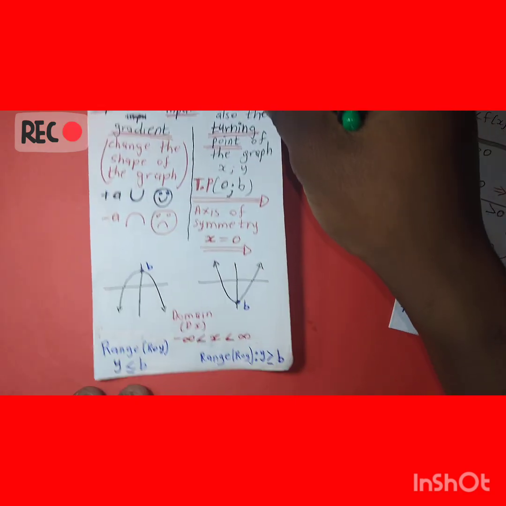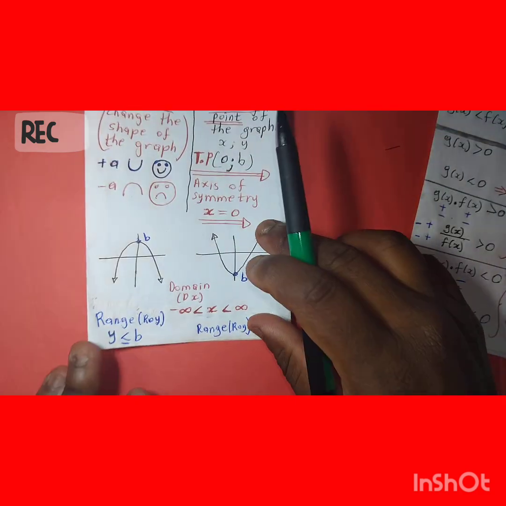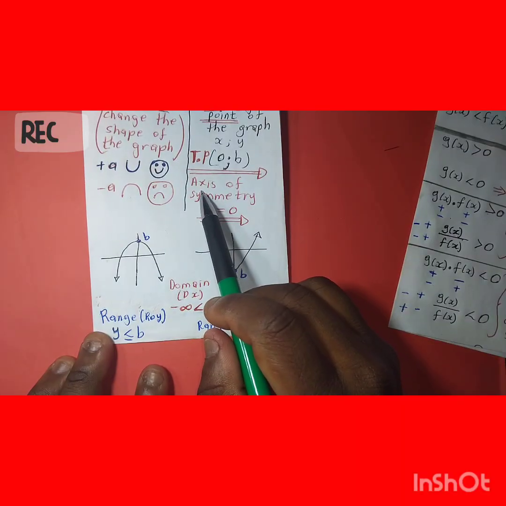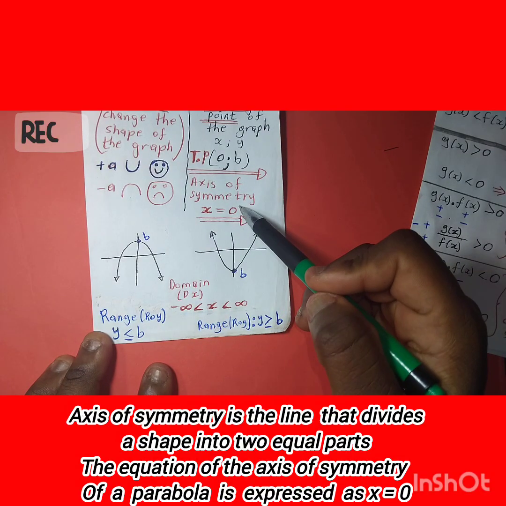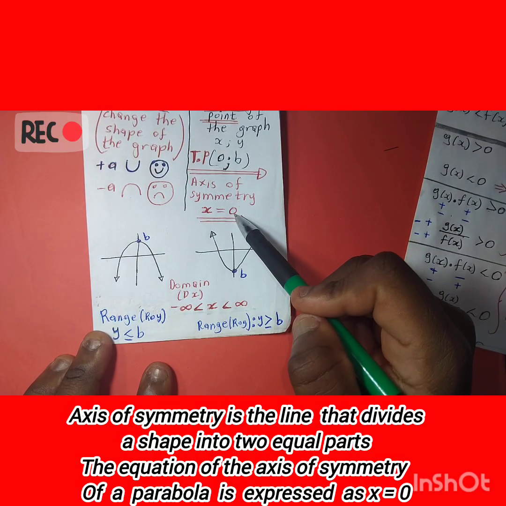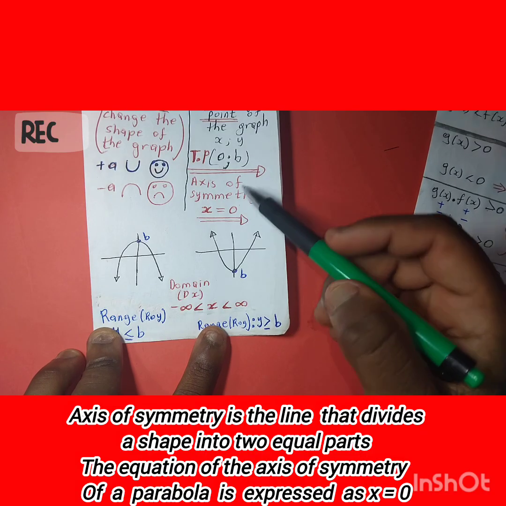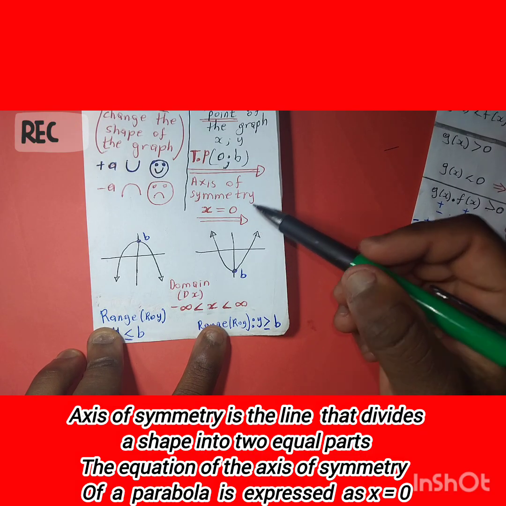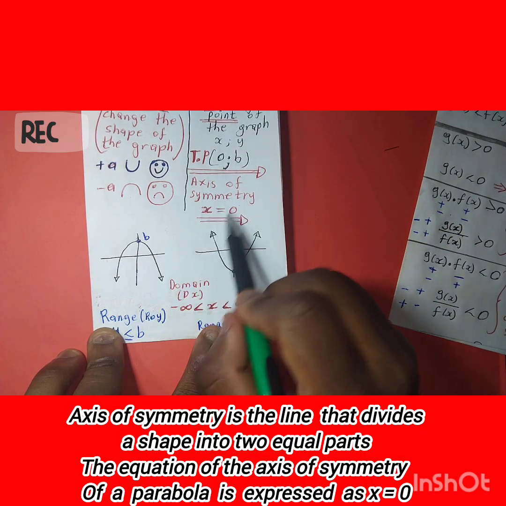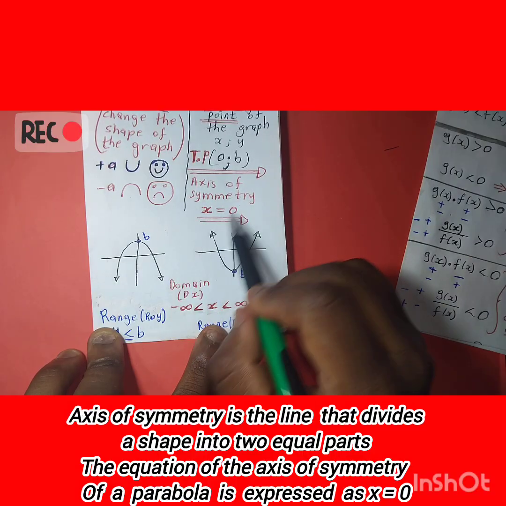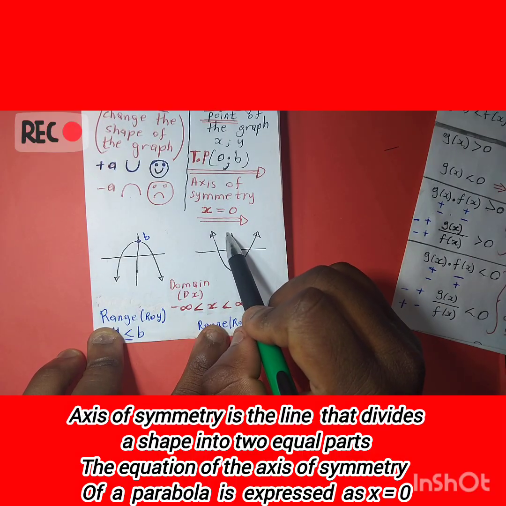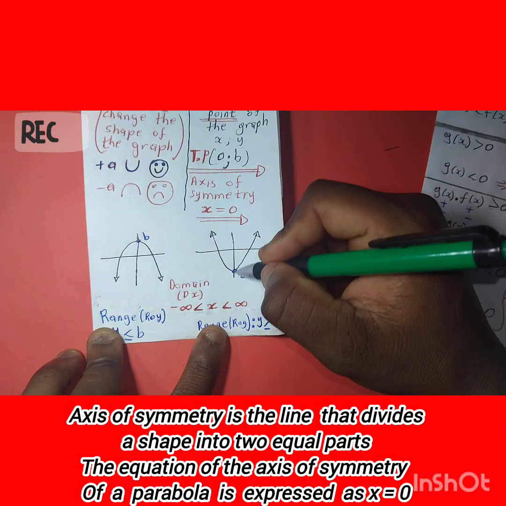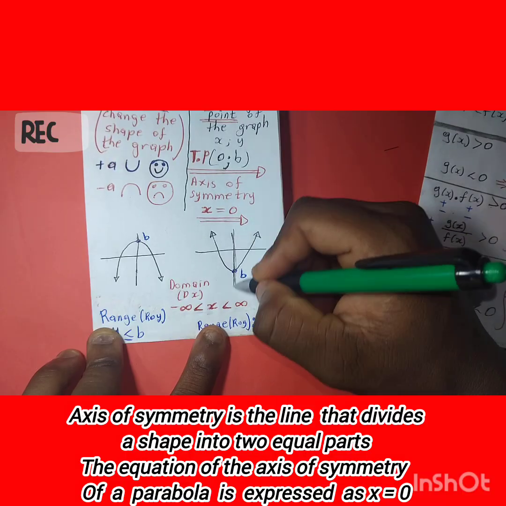And now let me also tell you something which is so important, guys. We also have what we call the axis of symmetry. The axis of symmetry, guys, is the line that divides the shape into two equal parts. If you notice, that line here will be this one.